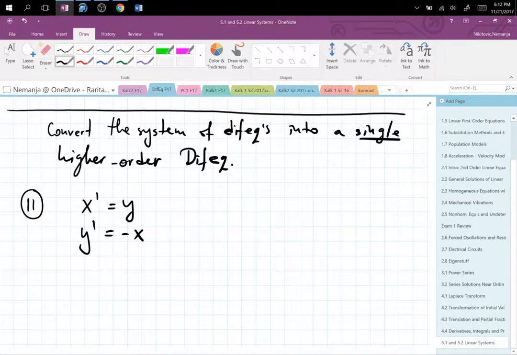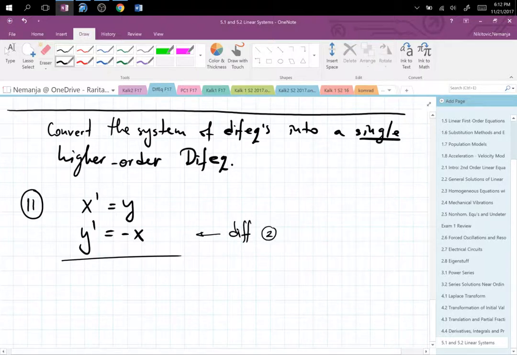With the more draconian cases, you guys will have to think which equation is better to work with. So right now I'm going to differentiate equation 2. And what I get is y double prime is equal to negative x prime.